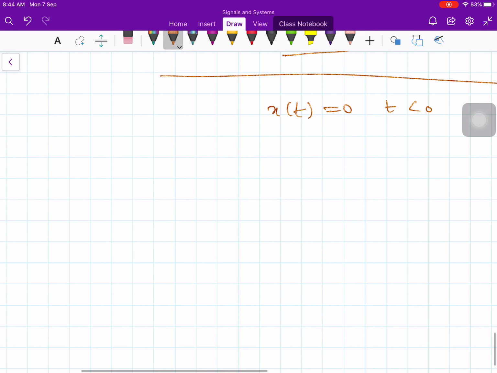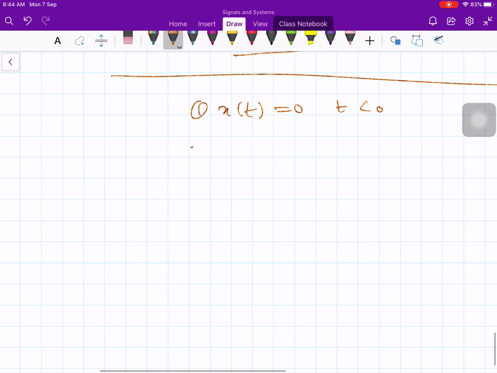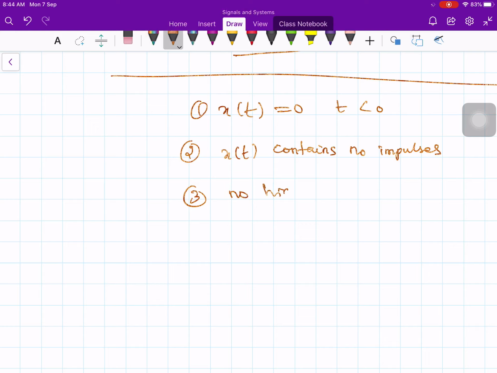Second condition, x of t contains no impulses, or it contains no higher order singularities. These are the conditions in order to apply the initial value theorem.